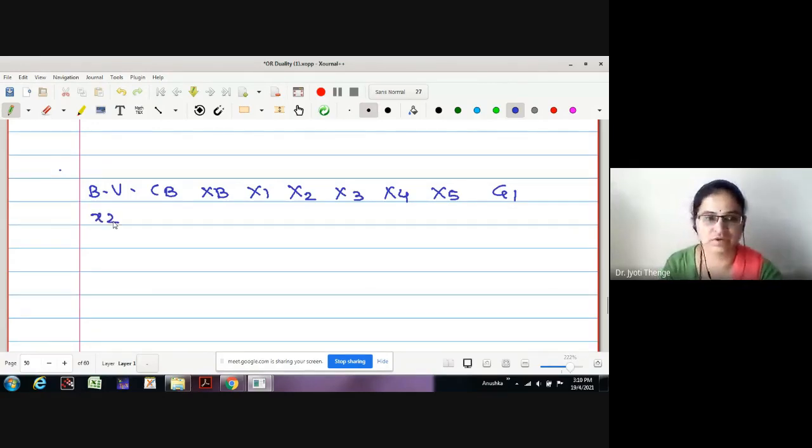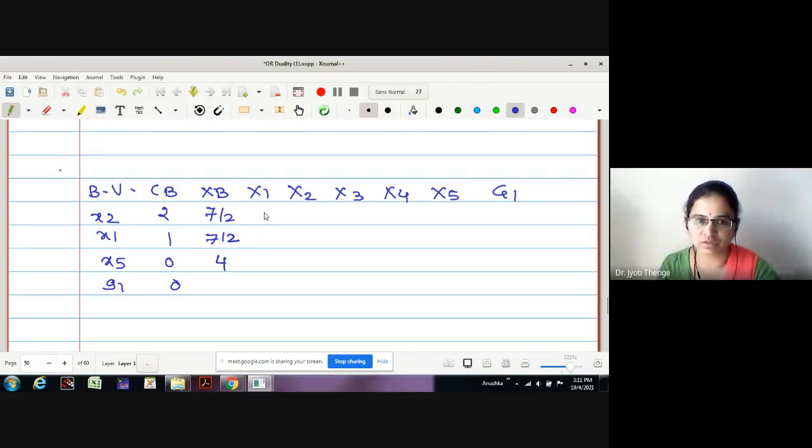The variables are X2, X1, X5, and added is G1. First is 2, 1, 0, 0. XB entries are 7/3, 7/2 and 4.